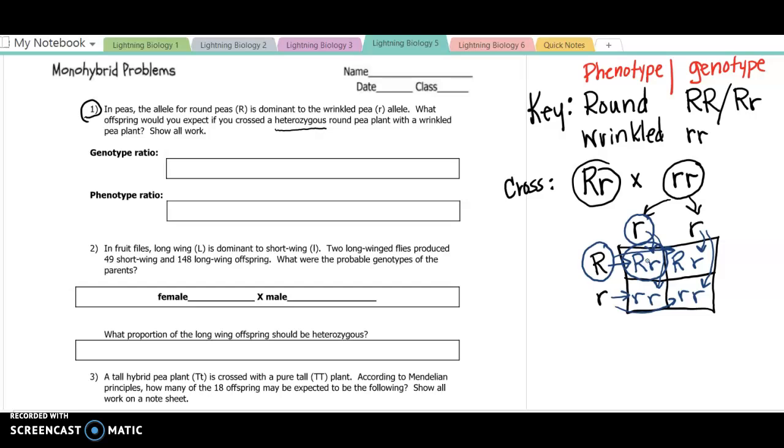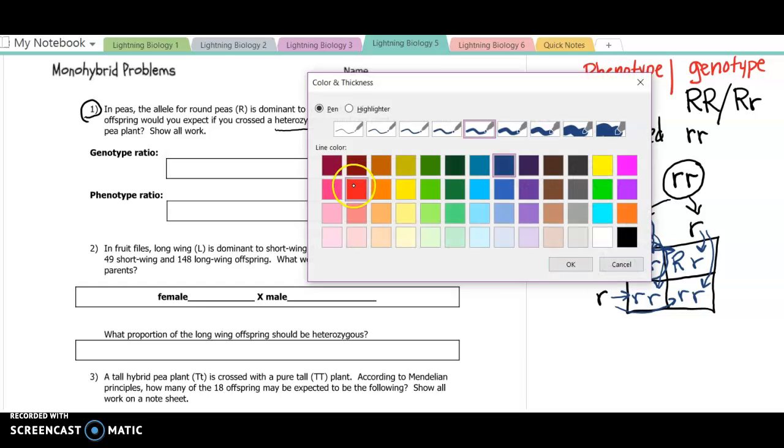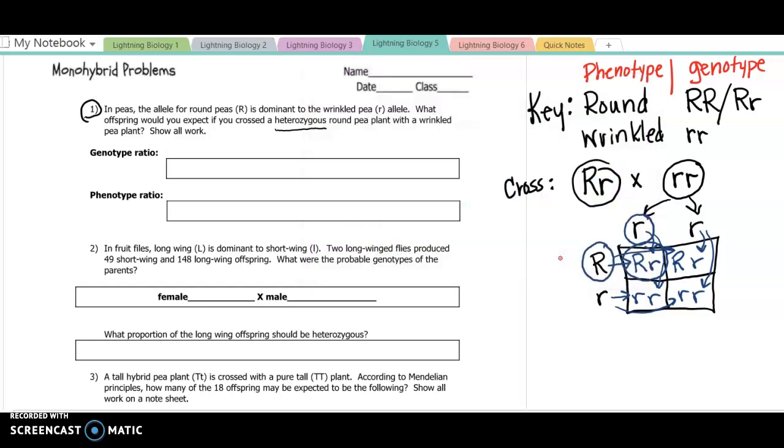So now I can go back to my question and look at what it's really asking, because I have all the answers. And the question is asking, what offspring would you expect? So now I'm wanting to know what's the genotype ratio. So the genotype are the types of genes. And if you look in your Punnett square, I know that I could get a big R and a little r. Matter of fact, I'm going to get 2 of those, right?